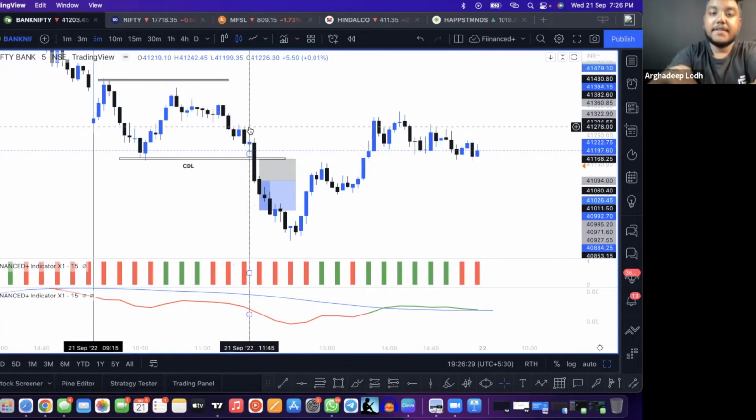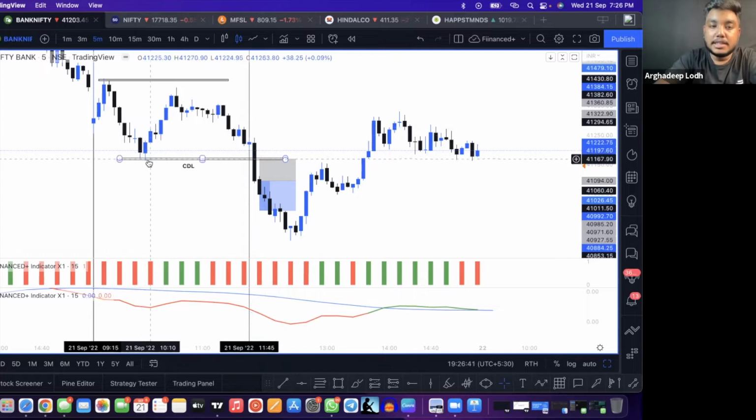At 11:45, you can see the time in the black bar below. Thoda niche dekho screen mein, at the black bar is written 11:45. At 11:45 AM, the current day low was this level and the current day high was this level, because this was the highest price point Bank Nifty reached today. And this was the lowest price point Bank Nifty reached today till 11:45.